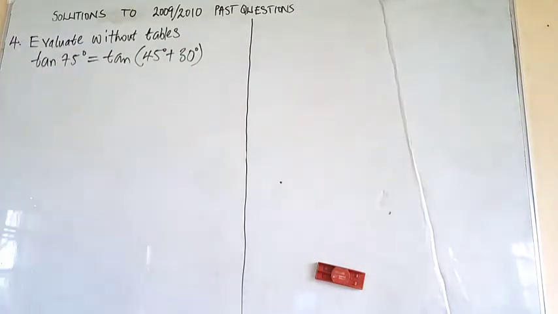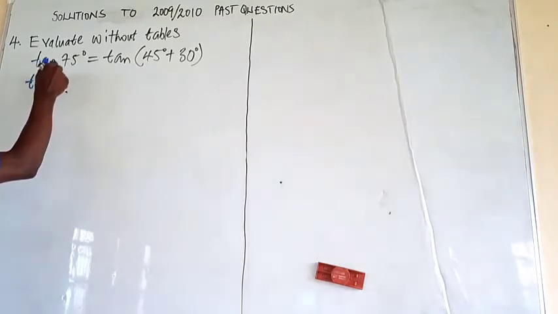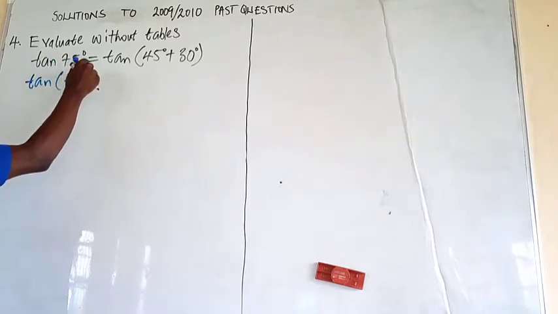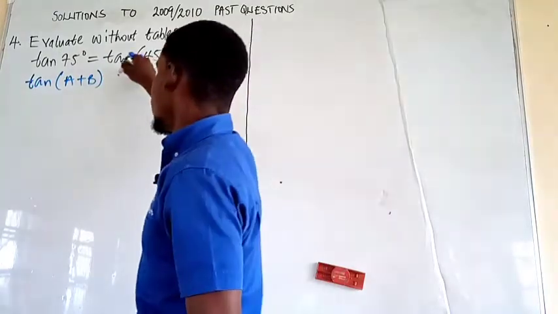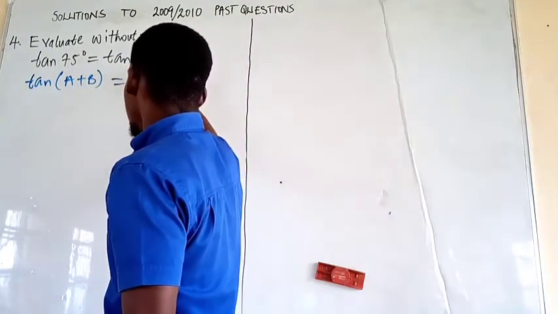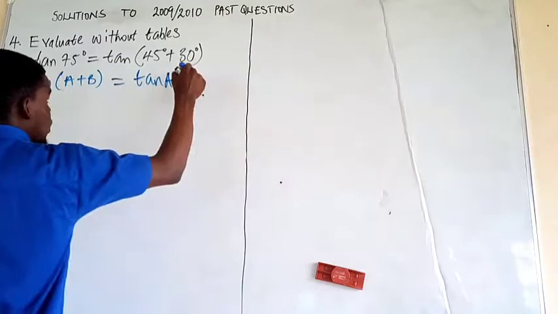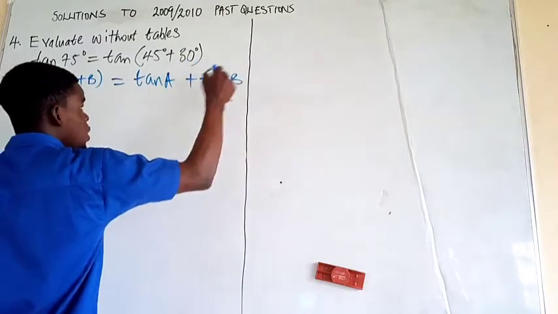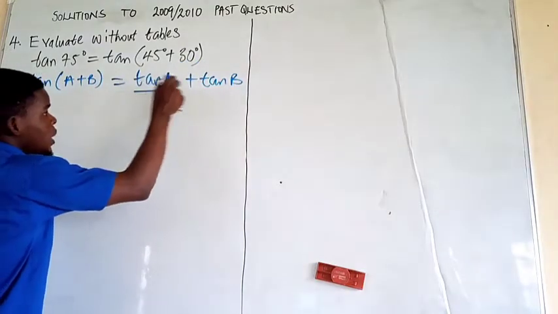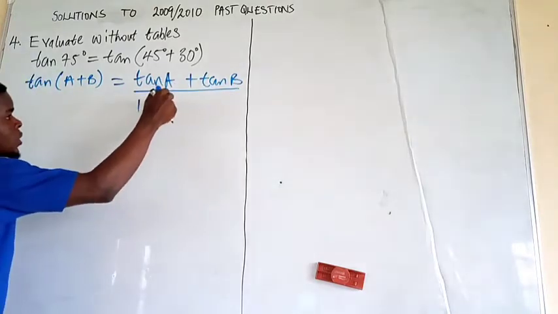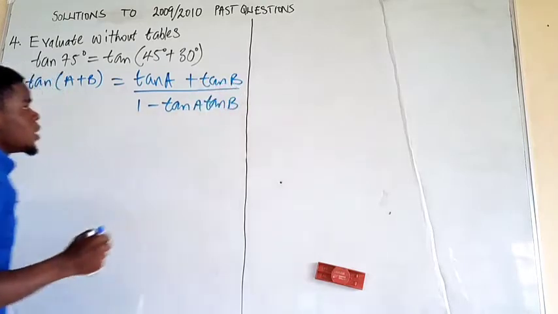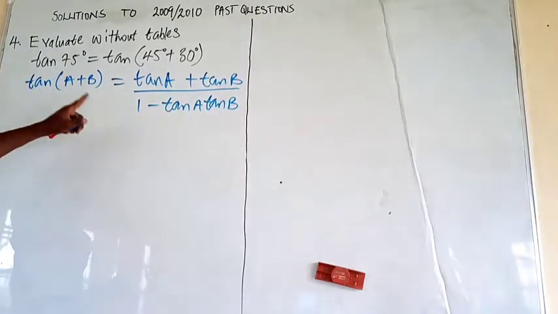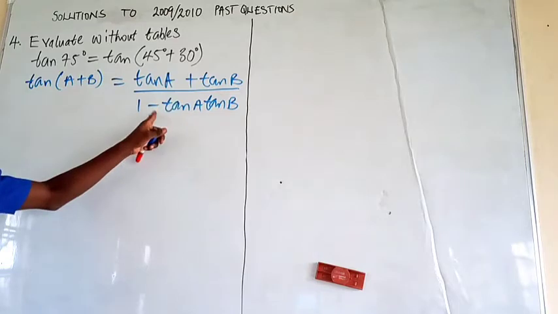From here we notice that when we have tangent of the sum of two different angles, say A and B, this is equal to tangent of A plus tangent of B, divided by 1 minus tangent of A times tangent of B. So when we have the sum, it's plus on top and minus at the bottom.